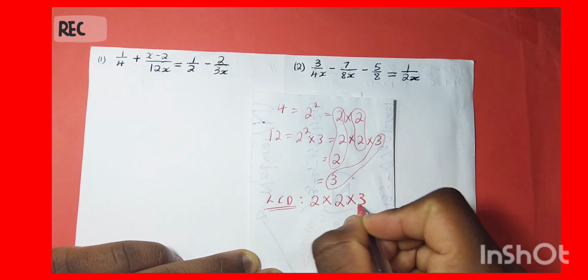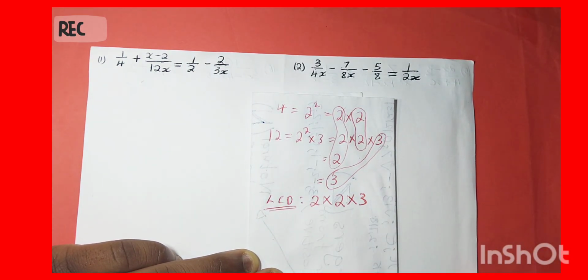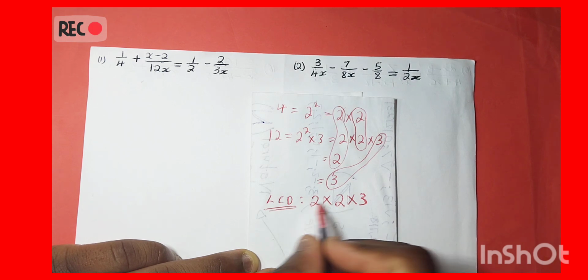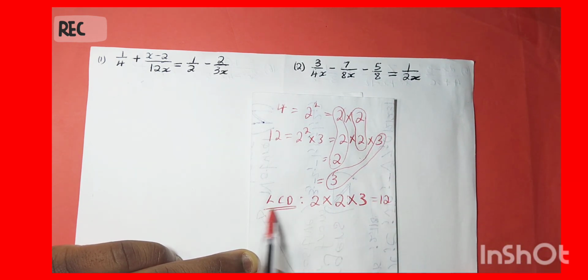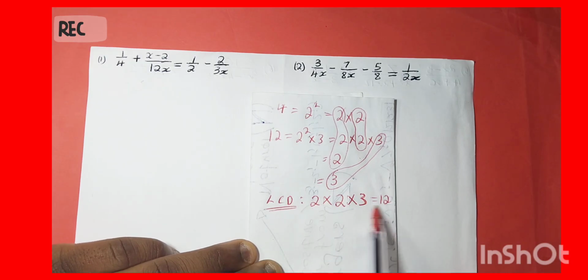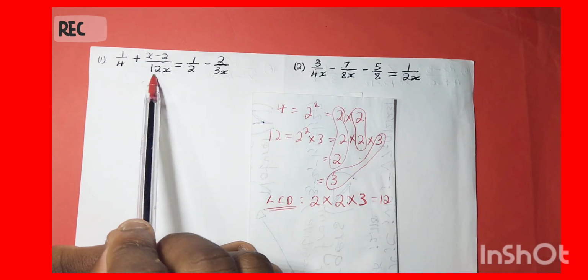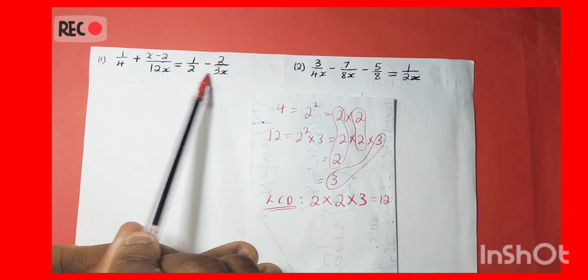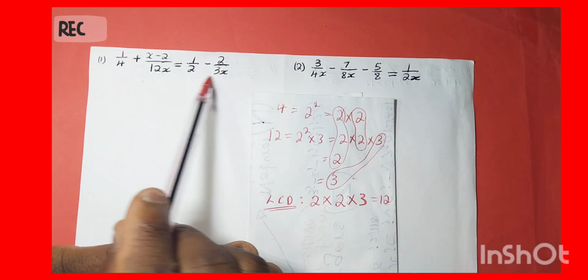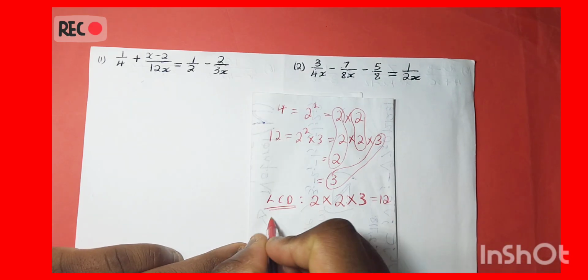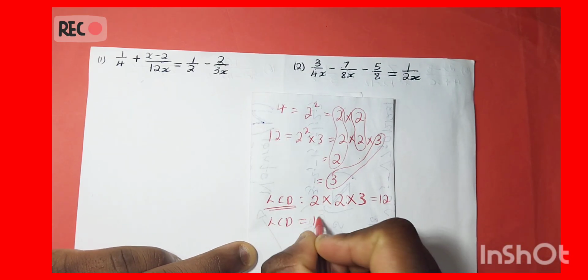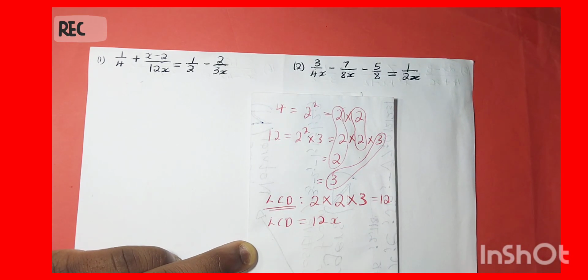All of this is the same as 12, by the way, for the numbers. So for numbers you can take 12 as your LCD. Then that x is also repeating, you will count it once, meaning your LCD will become 12x.